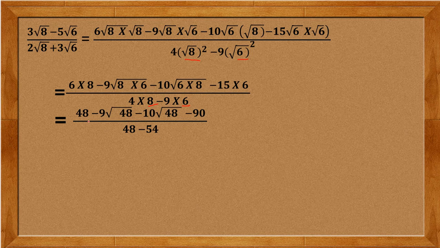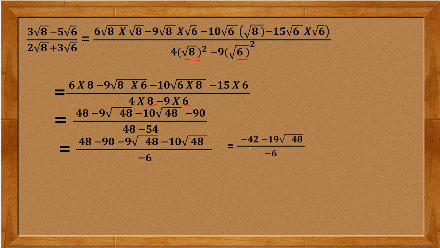Now like terms we can write together and unlike terms separately. So 48 and 90 are like terms, so we can write 48 minus 90, minus 9 root 48, minus 10 root 48. Here these two integers we can solve and get minus 42, as 48 minus 90 becomes minus 42.